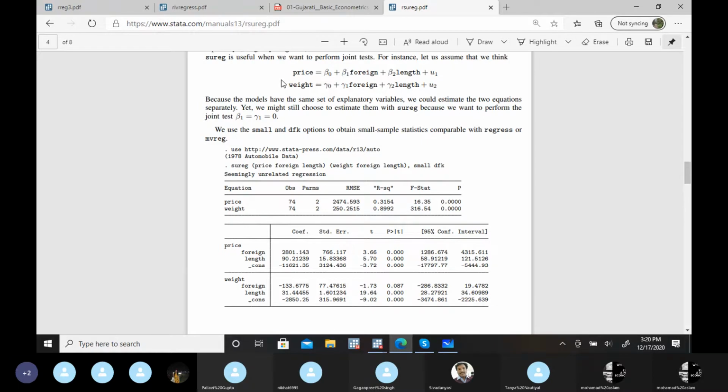You only have to apply the OLS method, but if you think that these two equations are of a simultaneous nature, with only the dependent variable changing and the independent variables the same in both equations, then you have to go with seemingly unrelated regression. For more detail, you can read Zellner's paper. I don't remember the year, I think the 60s or 70s. Nowadays, all the programs have this particular function as well.